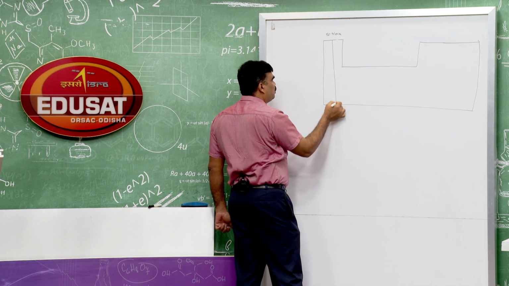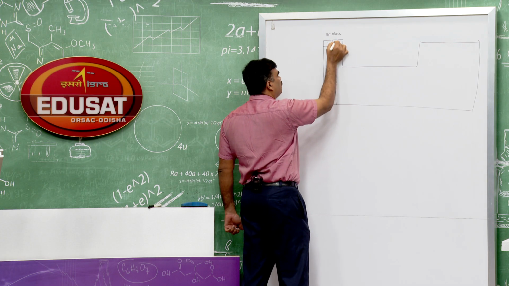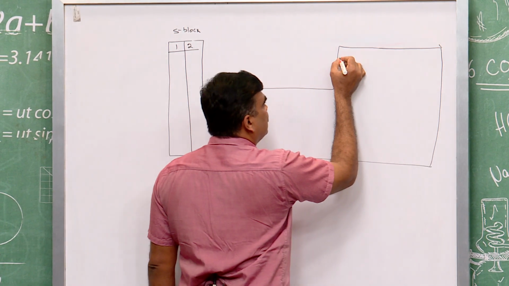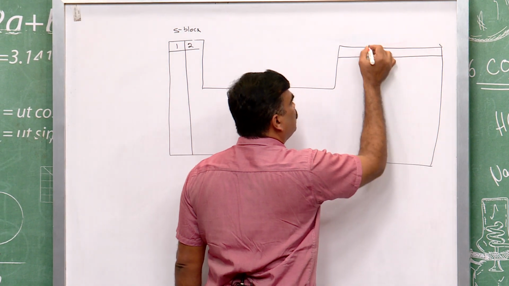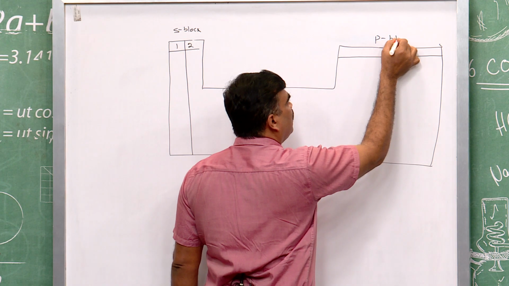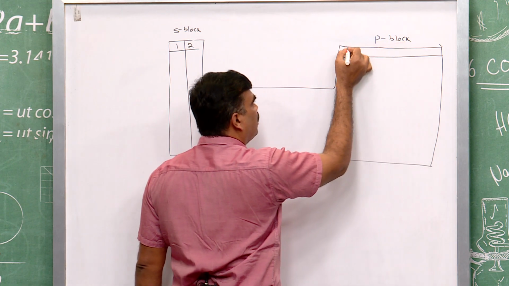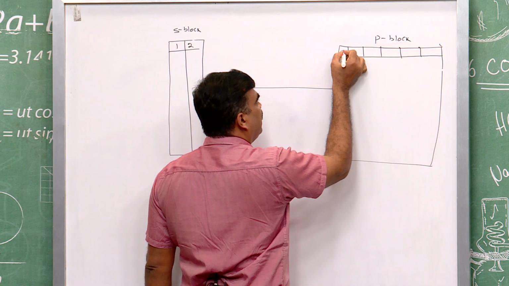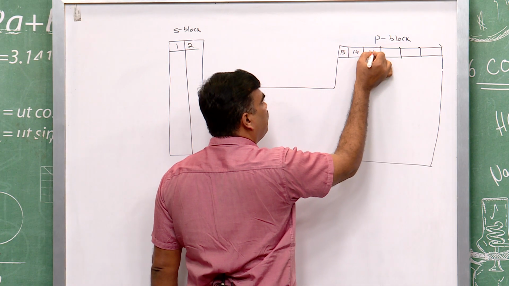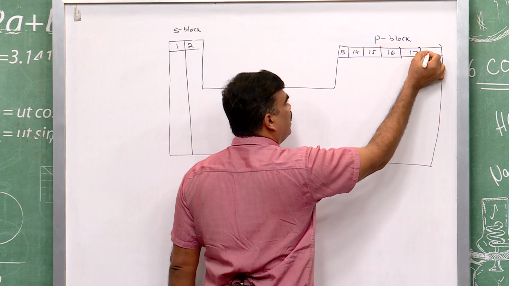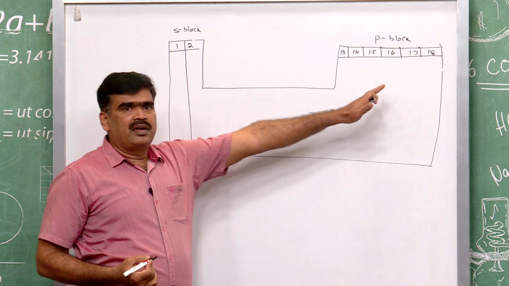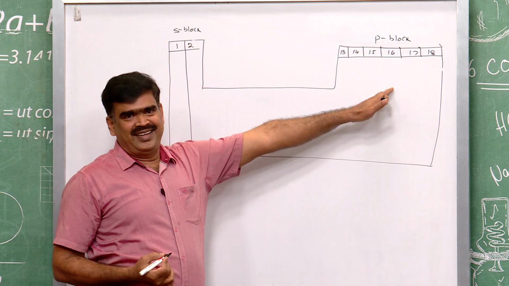It contains 2 groups, group 1 and group 2, the alkali metals and alkaline earth metals. On the right hand side, you have 6 groups called the P block. It contains 6 groups: 13, 14, 15, 16, 17 and 18. In between this S block and P block, your D block is located.